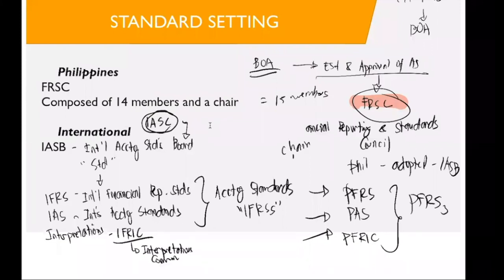with the exception of the United States. The United States is still under US GAAP and does not adhere to the IFRS. So if you go to Hong Kong, India, New Zealand, or Australia, you will still apply the same accounting standard, and that is IFRS. It's just that the name changed.